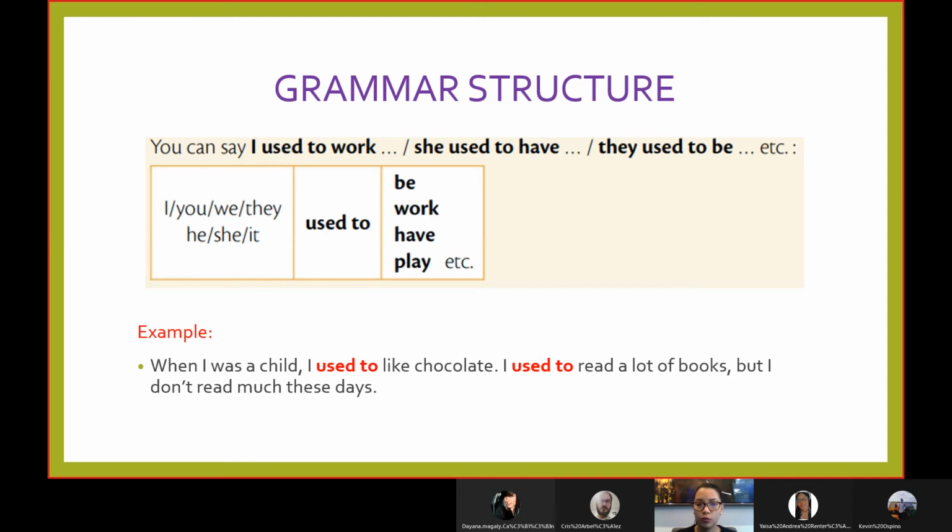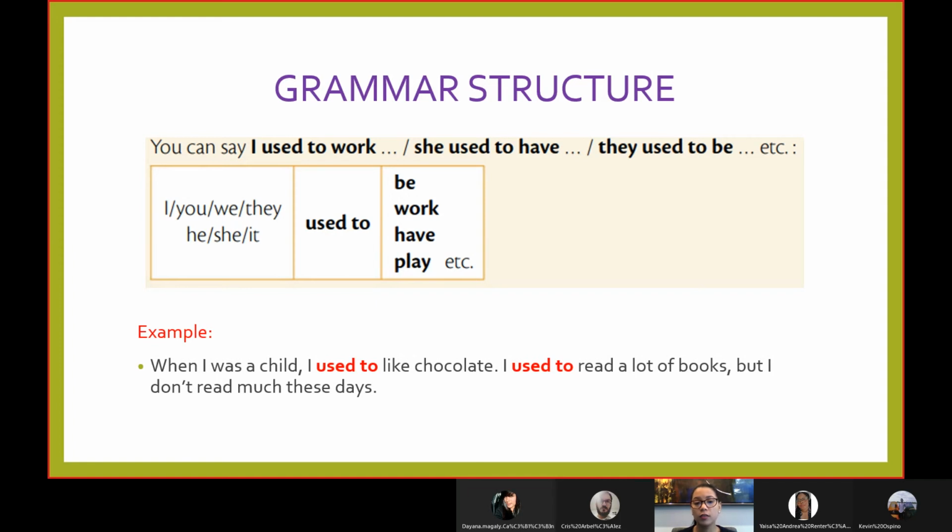Because with to, we are making the infinitive: to be, to work, to have, to play. So no matter if the pronoun is he, she, or it, we cannot use to works, to has, or to plays. No.